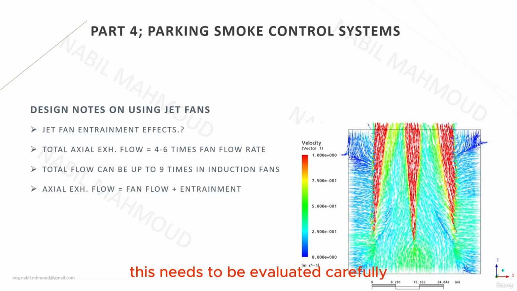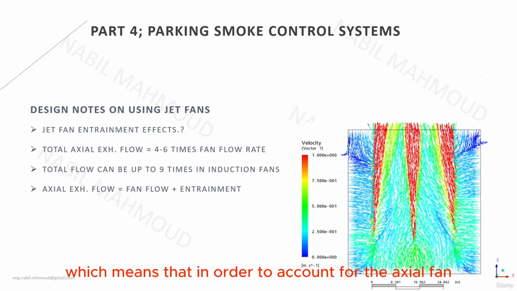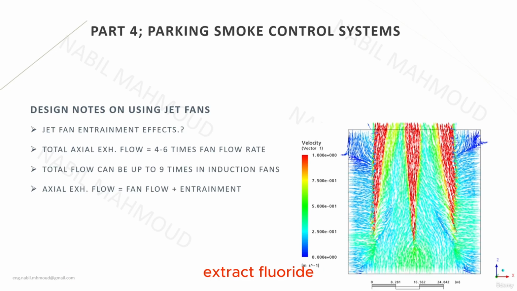So this needs to be evaluated carefully in the case of the axial fan and the normal jet fan, and also the induction or the centrifugal jet fan, which means that in order to account for the axial fan extract flow rate, you need to sum the flow rate of the jet fan plus the entrainment effect related flow.